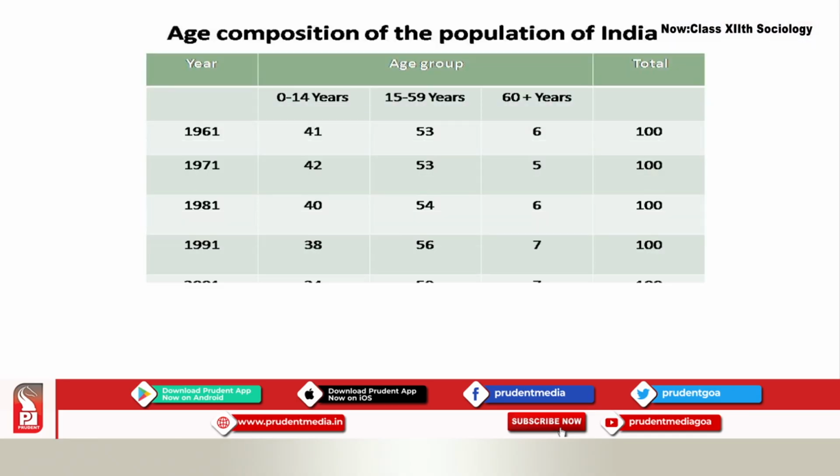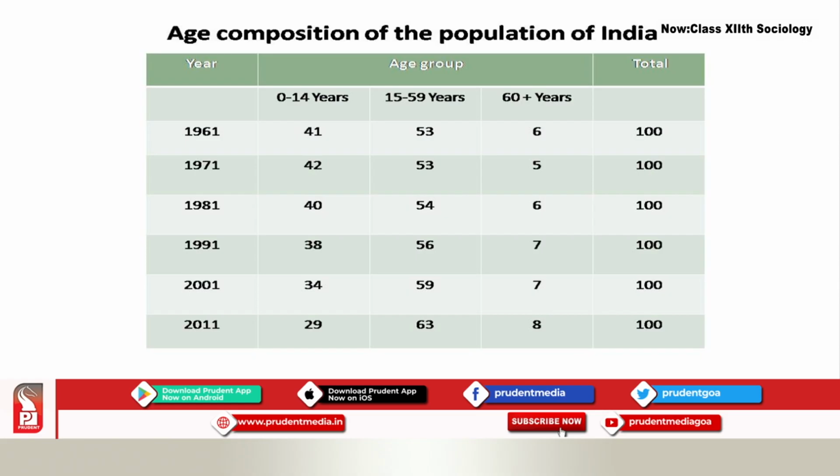In 2001, we have got 34% in the first category, 59% in the second category, that is 15 to 59 years of age, and in 60 plus we have got 7%. Again it remains the same. And the latest update from 2011, we have got 29% of population in the first age group, that is up to 14 years, and 63%, see the rise, 63% of population in the 15 to 59 years age group.